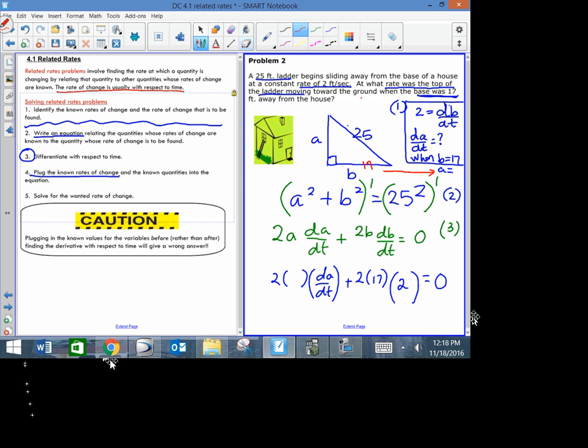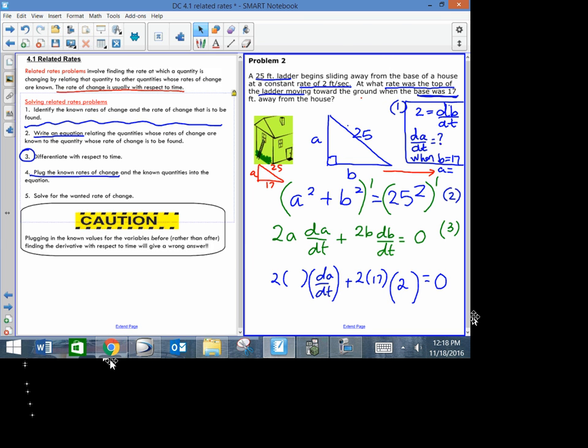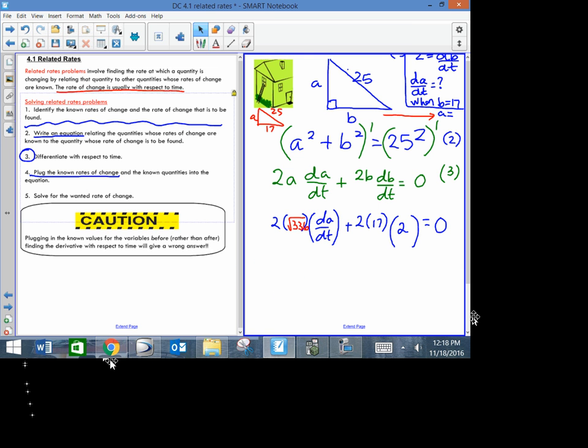Let's see. 25, 17, and A. It's not pretty, I don't think. Square root of what? 336 or something like that? Okay. It's okay to do the decimal, just don't round too much.